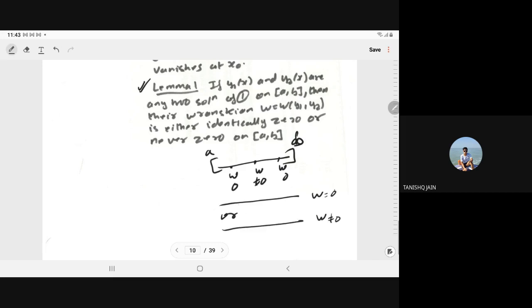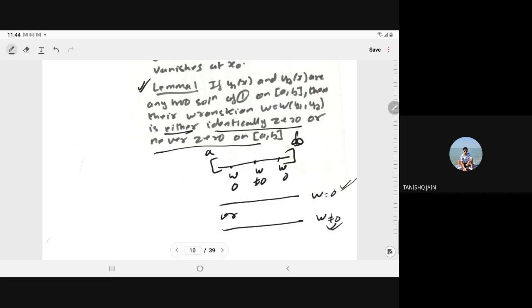We can never have fluctuation, where for some points of x it is zero and for some points it is non-zero. That cannot happen. Means the Wronskian is either identically zero, everywhere zero, or never zero, nowhere zero.